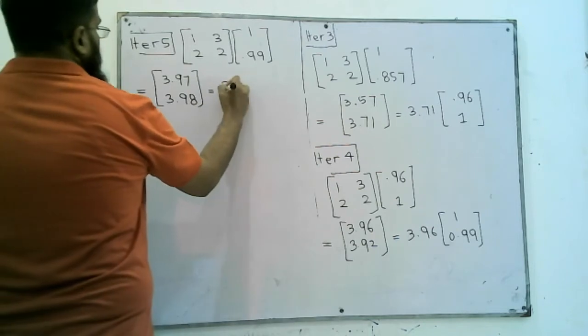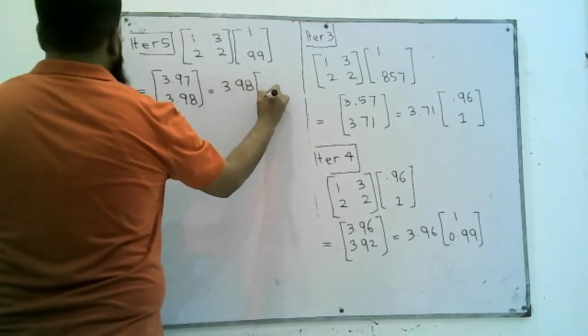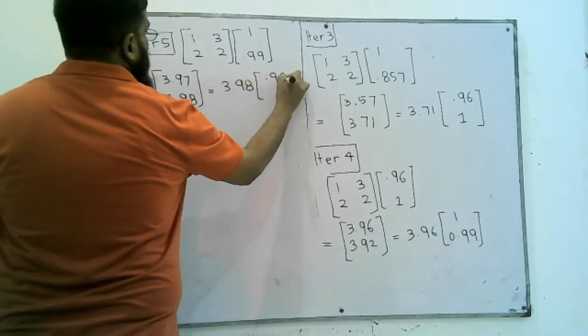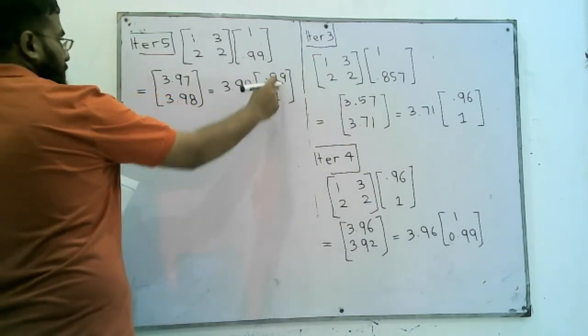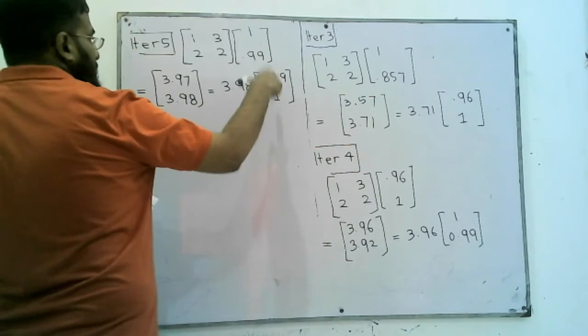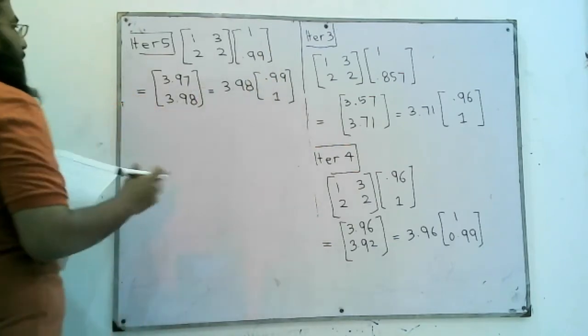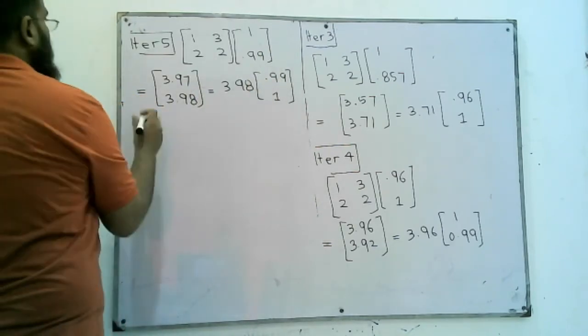If you take 3.98 common, this becomes 0.991. It seems that this vector is converging to [1 1]. It seems that the eigenvector is [1 1] and the eigenvalue is around 4, which we are going to converge on.